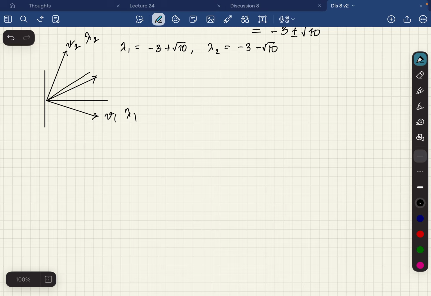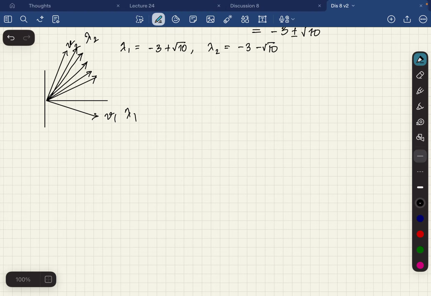After the first multiplication, the vector will look something like this. Then A squared times the vector will look something like this. Then A cubed, then A to the power 4. So repeated operations of the matrix on the vector shift it towards the eigendirection of the matrix.